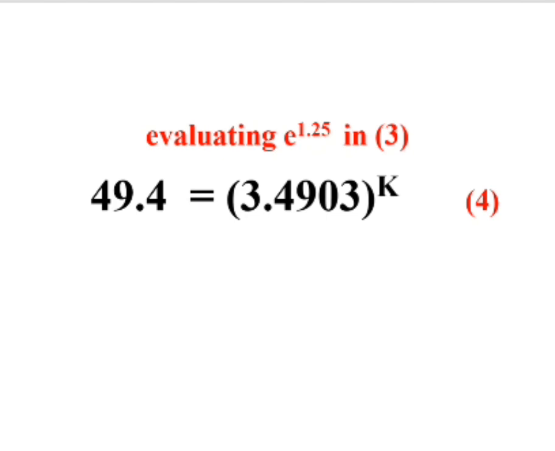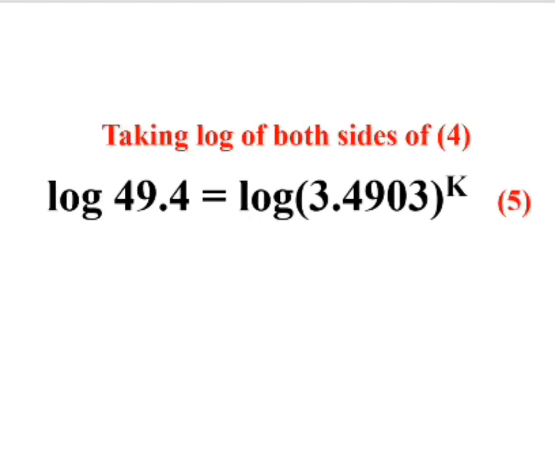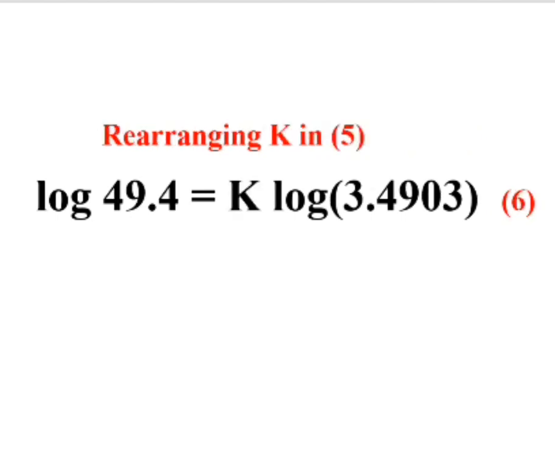And then to find the value of k, we need to take log of both sides of equation 4, and that will give us log 49.4 equal to log 3.4903 to power k. And this can be rearranged as log 49.4 equal to k log 3.4903.